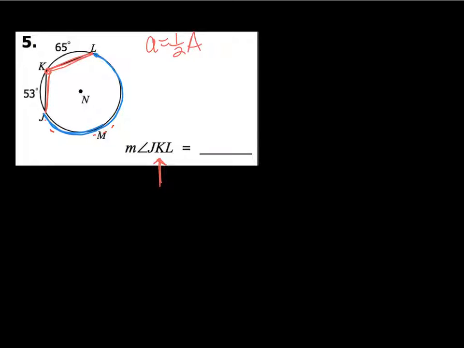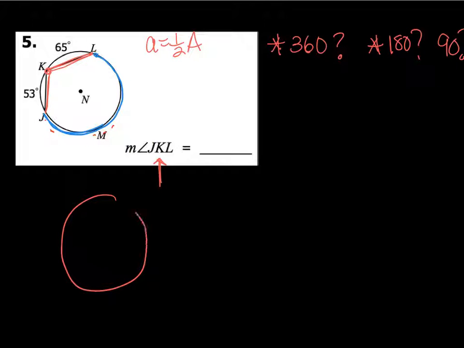When you don't have the angle and you don't have the arc, some key numbers to think about is, can I use something dealing with 360? Is it half a circle? Can I use something with 180? Can I use something with 90? Well, I know that a whole circle from start to finish is 360 degrees.